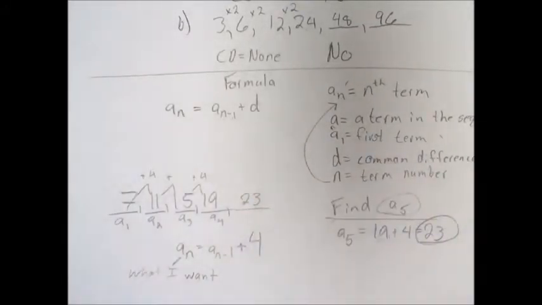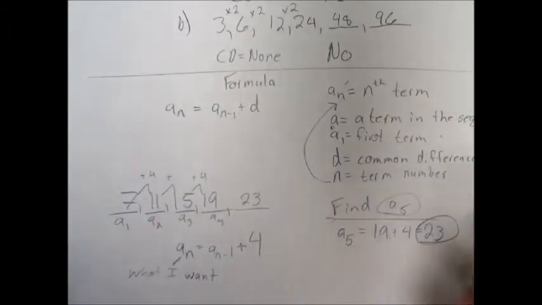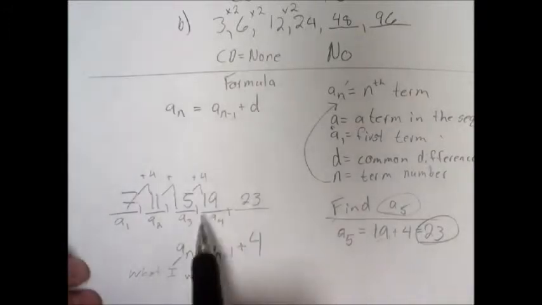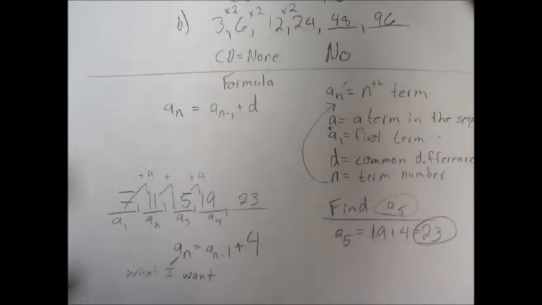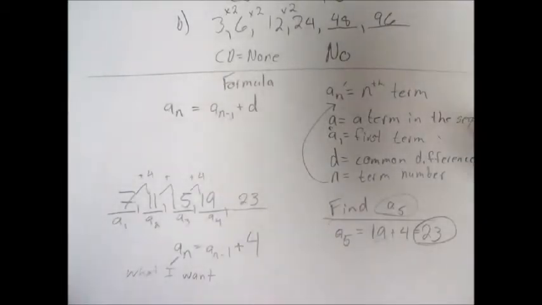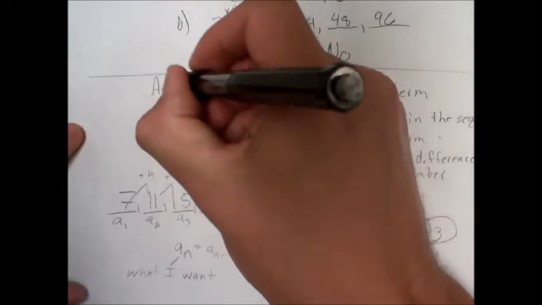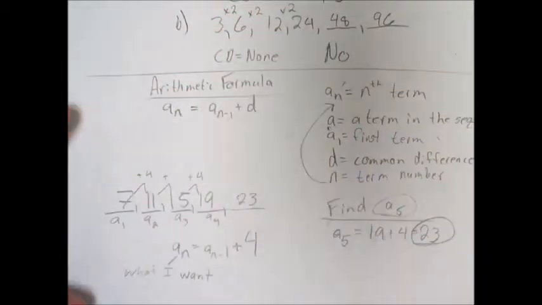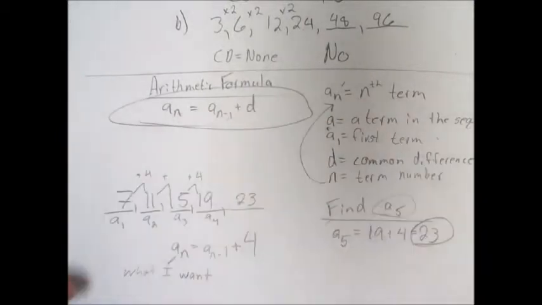Now if it had asked us to find a sub 6, we would have had to find a sub 4, then a sub 5, and then a sub 6. Okay? So they gave us a sub 4, so that would have been a simple one to go. Okay. So that is the arithmetic formula. We might need to add that in. Okay? Right here. Hopefully we don't use that one as much, because I'm not a huge fan of it.